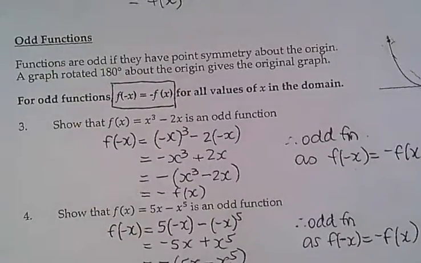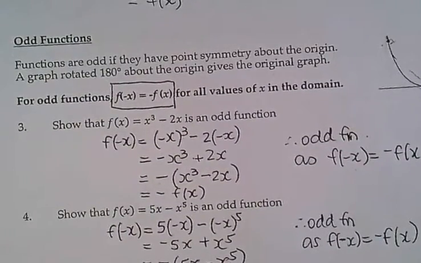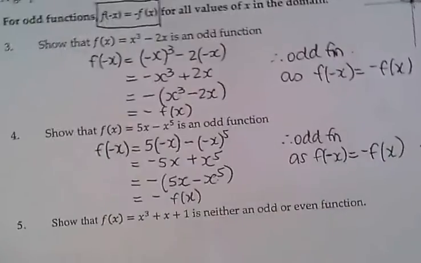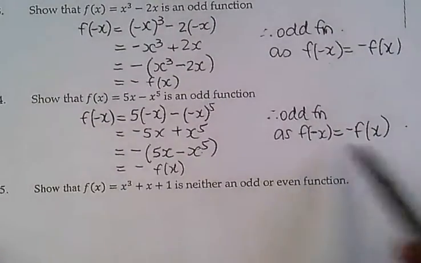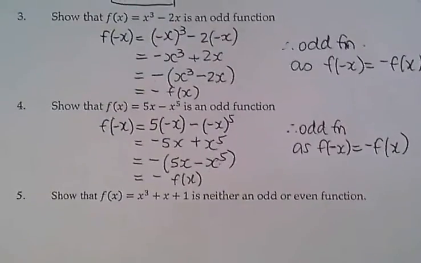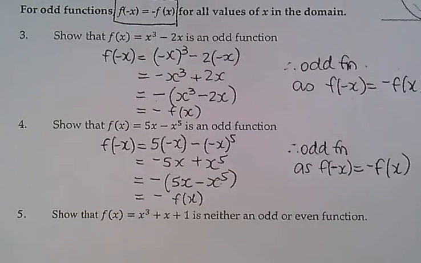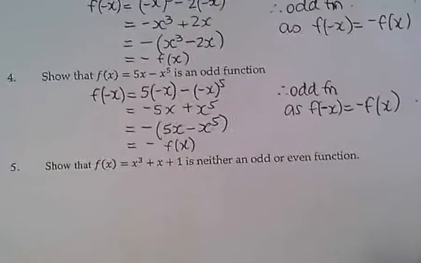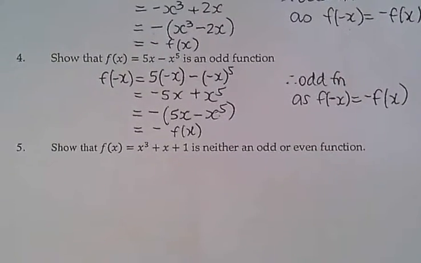So you're always working out the function of negative x. And if that equals the original function, then it's even. And if it equals negative function of x, it's odd. But every function does not have to be odd or even. It can be neither.